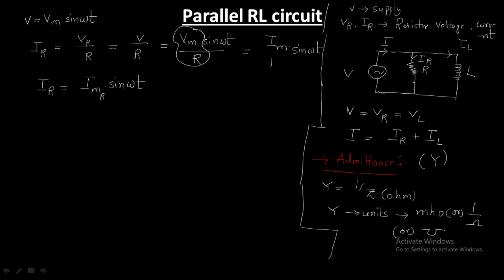The current flowing through the resistor is Im sin omega t, but this Im R means, don't confuse here, the maximum current through the resistor. This is the first thing, the current flowing through the resistor.